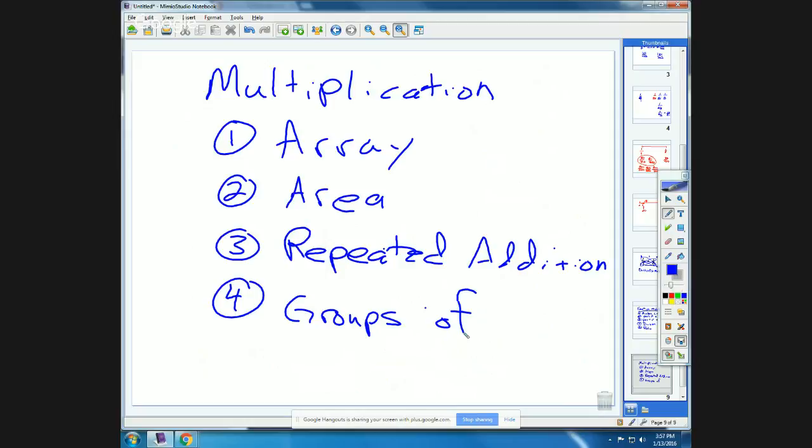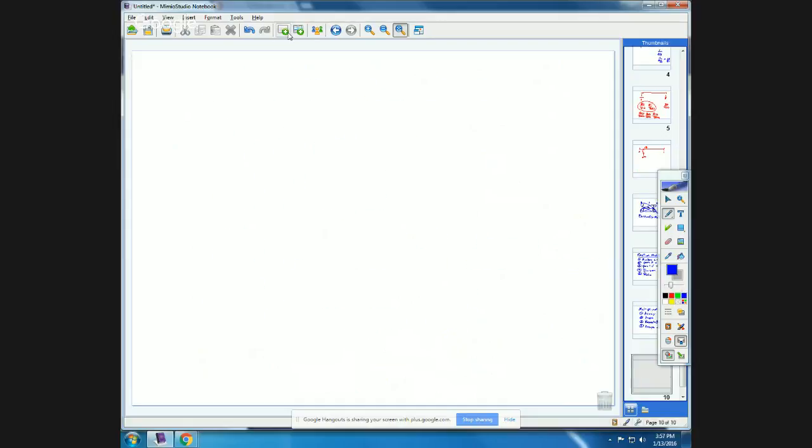I don't like it as much. And so we're going to pick one of these, and we're going to try and show what multiplication means. So I think I'm going to start with the groups of. So just thinking back, 3 times 2, let's say, literally means 3 groups of 2.